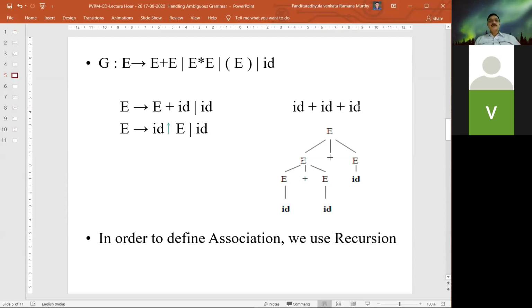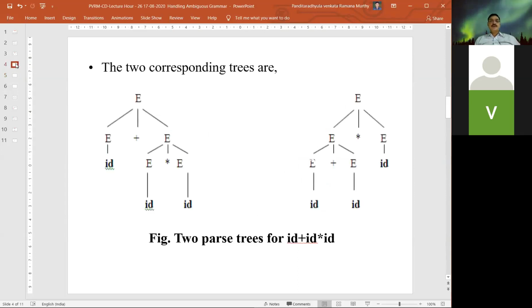Whether it is id plus id plus id, if the given grammar is the above one, E derives E plus E, and E derives E into E, or within brackets, or ID, definitely we will get two different types of parse trees. Only thing is, in place of the multiplication sign, here also we'll get a plus sign.